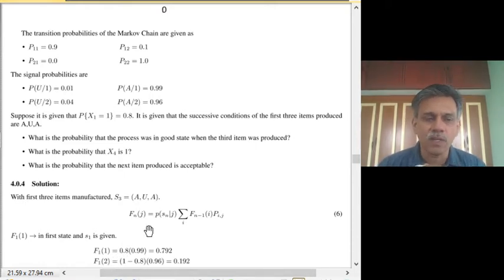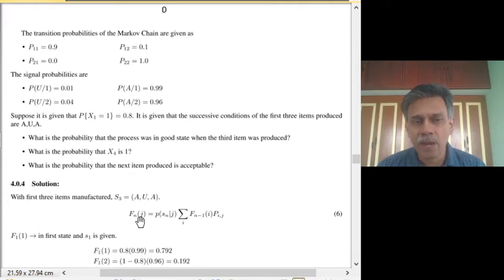Once we have that, we will go ahead and find out F21 and F22, because at the second time, the state can be 1 or 2. Both these quantities are needed if you want to go to the next time point and find out F31 and F32.